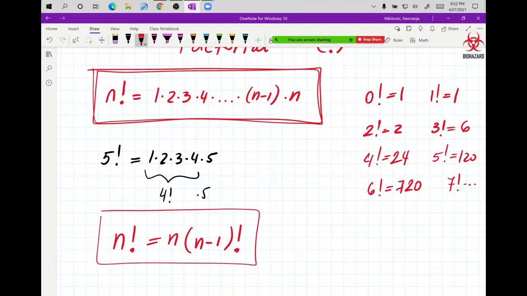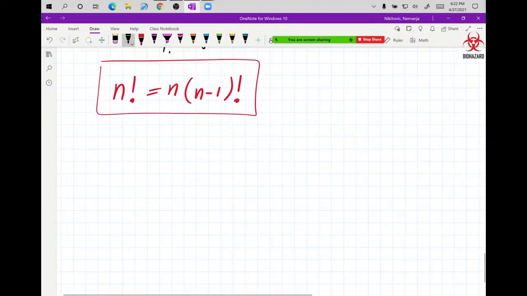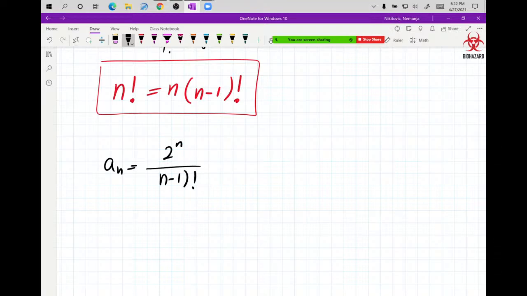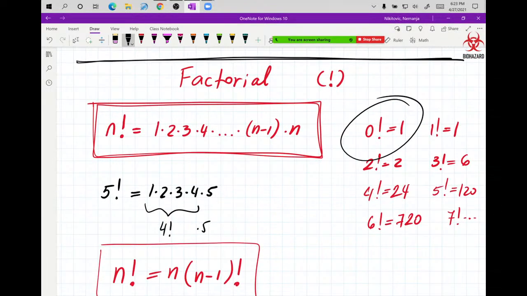And now factorials start playing a role in your sequences. So you might have something like this. Let's say a_n is equal to 2 to the n over n minus 1 factorial, and you start your n at 1. You can't start it at 0, because 0 minus 1 gives you negative 1, and then what's negative 1 factorial? The first definition I gave you is that 0 factorial is 1.